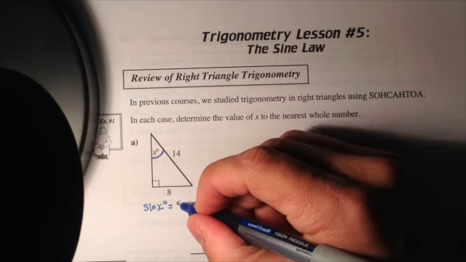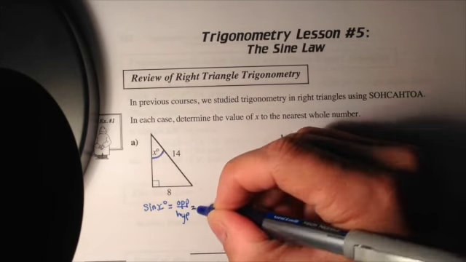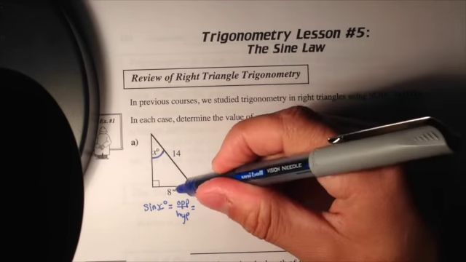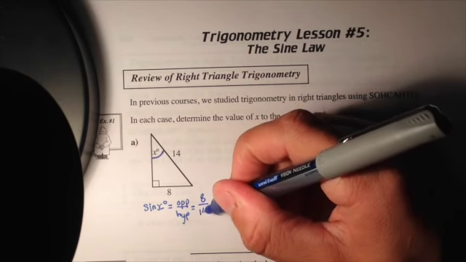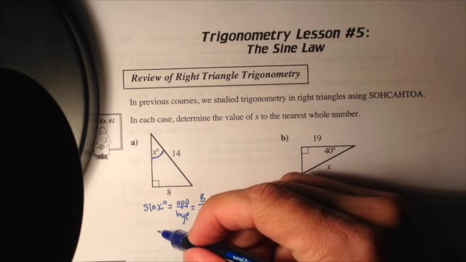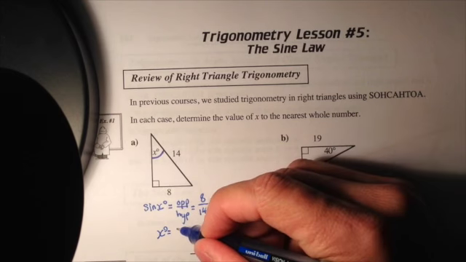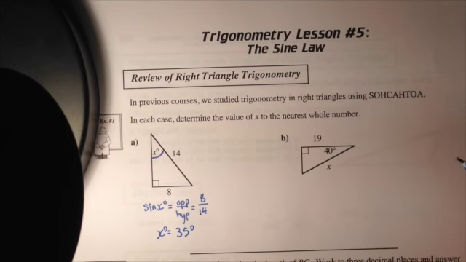Sine is equal to opposite over hypotenuse, which is 8 over 14. Then all we need to do to find that missing angle is type this into our calculator to find the inverse sine, and we get x equal to 35 degrees. So something you've seen before.